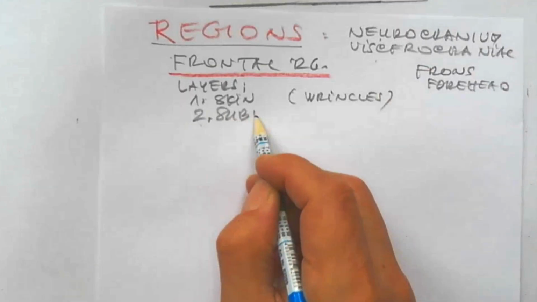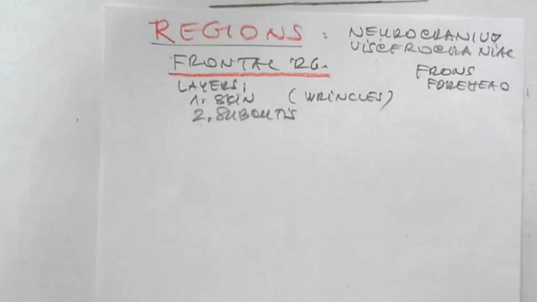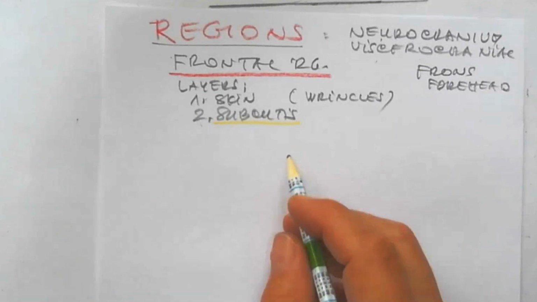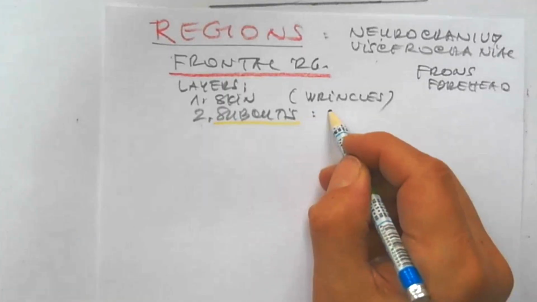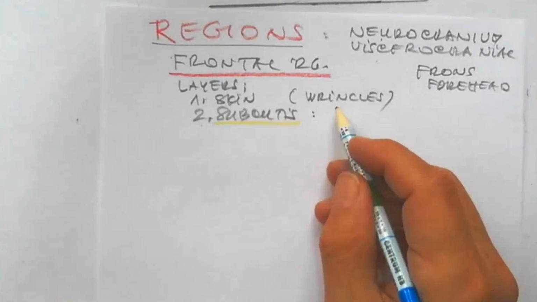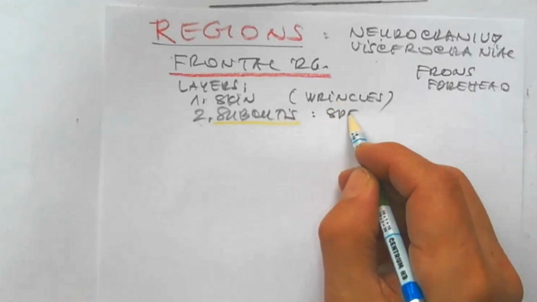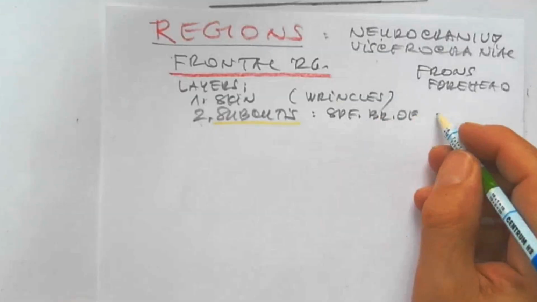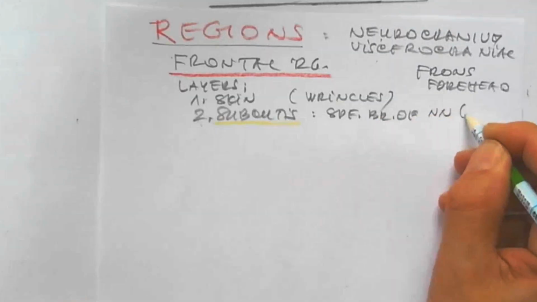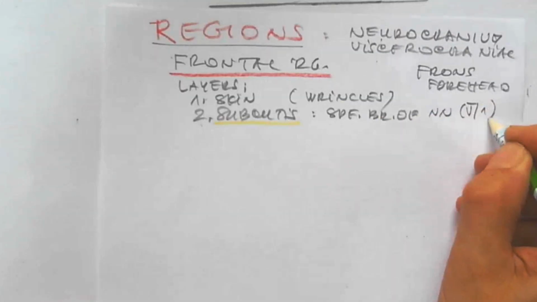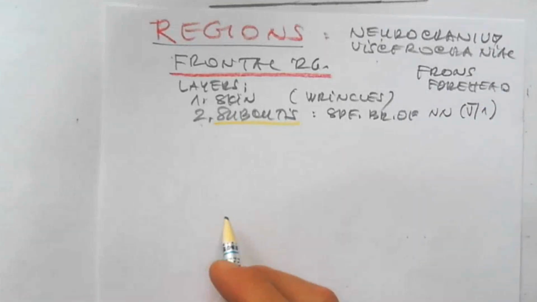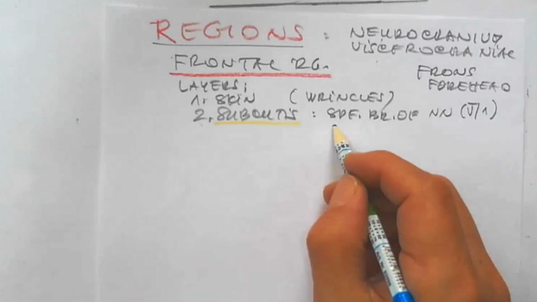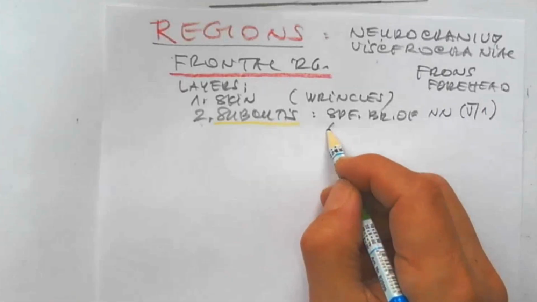The next layer is subcutis. Subcutis is a terminus technicus we will use for description of the subcutaneous layer, where we see some fat and fatty tissue, but important for us are the superficial branches of the nerves coming from cranial nerve number 5/1, then also some branches of the auricular.